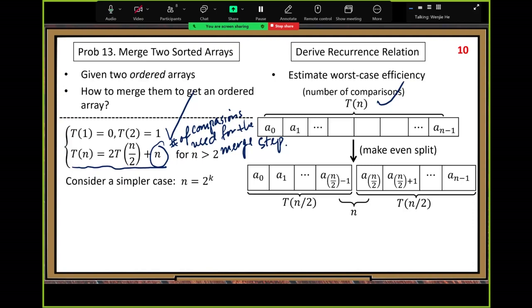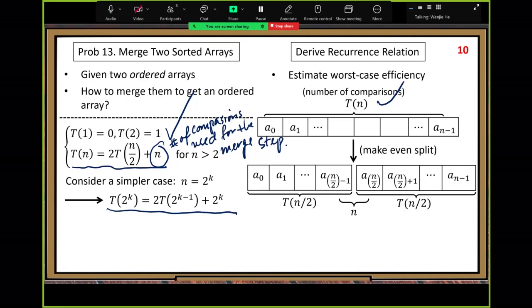We don't require integer representations when we do estimation. Let us assume n is a power of 2, so we can rewrite our recurrence relation in this way. Pretty simple.